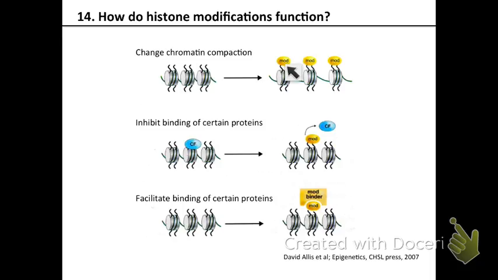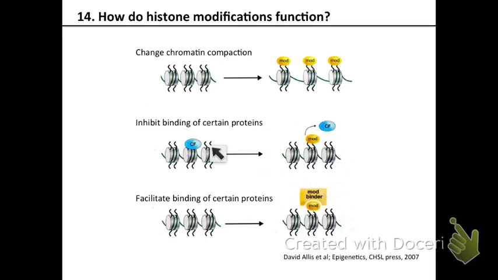So, for example, acetylation of histone tails causes them to be a little less compacted. These histone modifications can also inhibit binding of certain proteins. Let's say the methylation of the histone tails can prevent a certain protein that likes tails without that methylation.